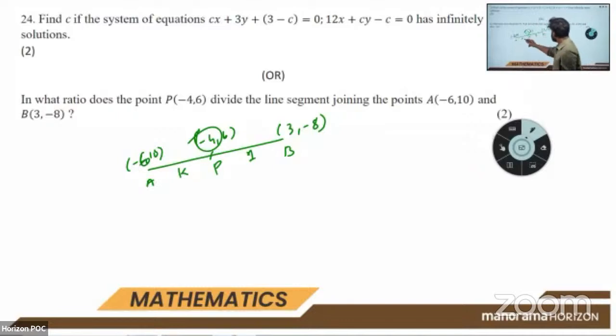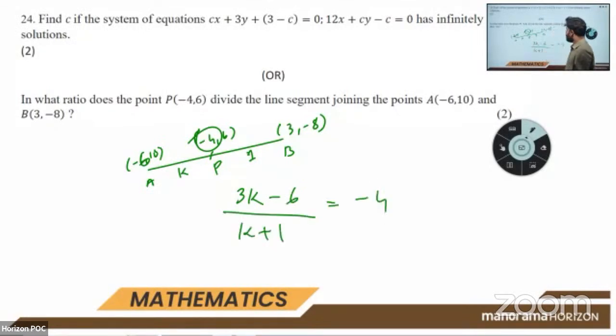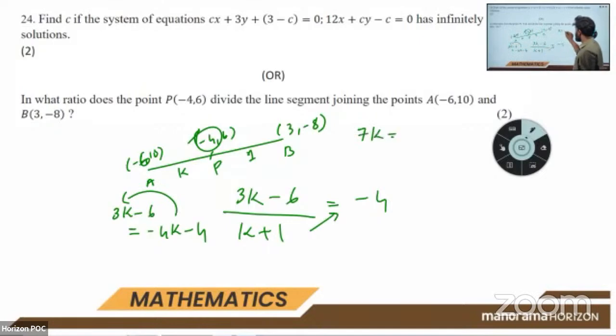So K into 3 is 3K, 1 into minus 6 is minus 6, divided by K plus 1, and that will be equal to minus 4. So when you take this K plus 1, you get 3K minus 6 is equal to minus 4K minus 4. Minus 4K to the left side, I get 3K plus 4K, 7K is equal to minus 4 plus 6, that is 2. So 7K is 2.